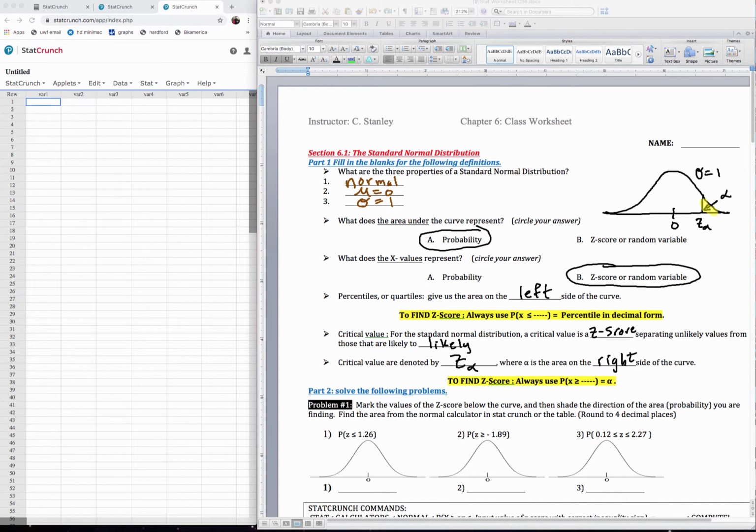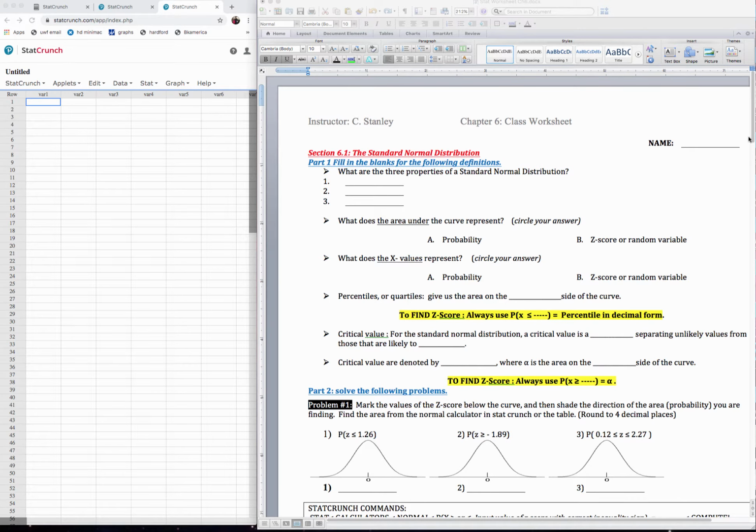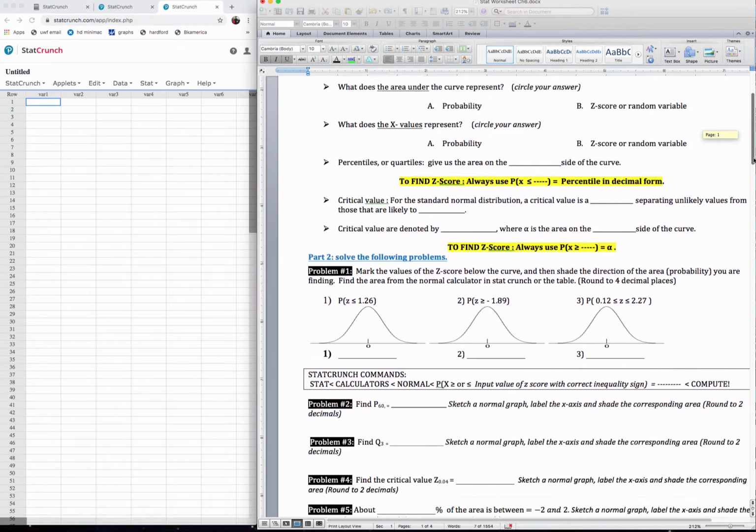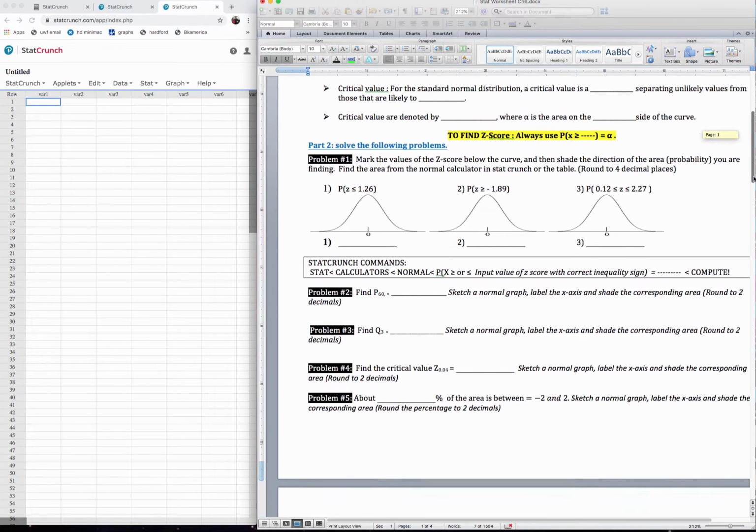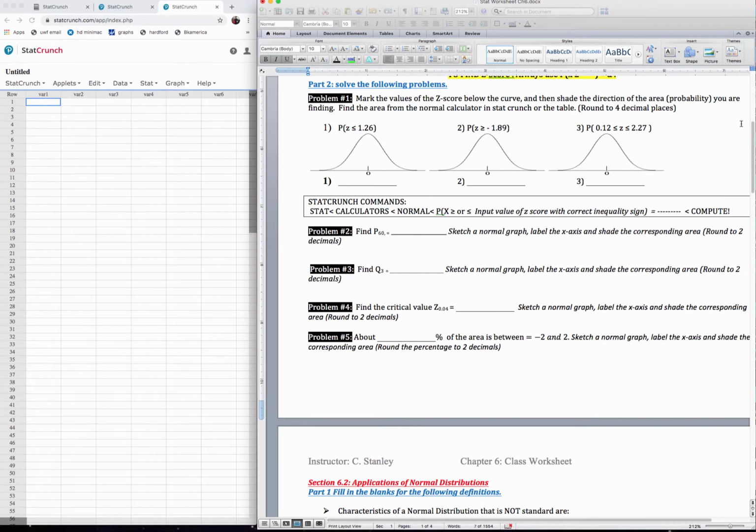Okay, so let's go ahead and learn how to use the normal calculator, which is right here. Now remember, these are all z-scores under here. So this is a z of 0. When they say P(z < 1.26), we kind of did this before when we did the 68 rule.